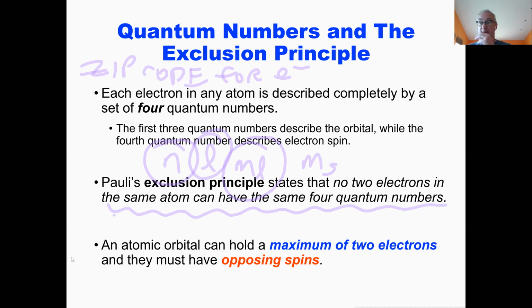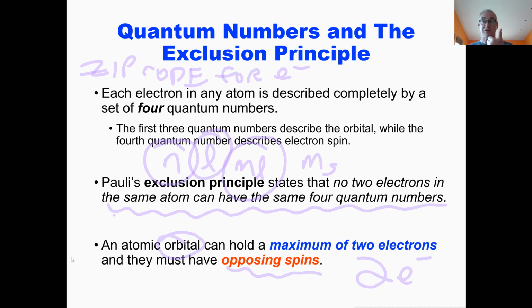They have to be different. So even if two electrons are in exactly the same place, one is going to be spinning clockwise, the other counterclockwise. So even if they're in the same orbital, and we'll show that orbitals contain two electrons, even if they're in the same physical space, they have to have different spins so we can differentiate them.